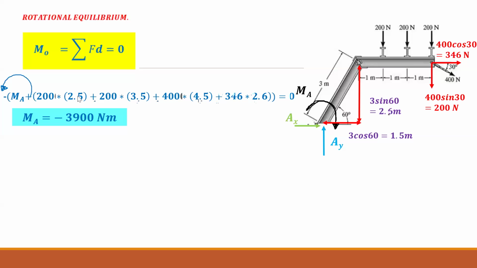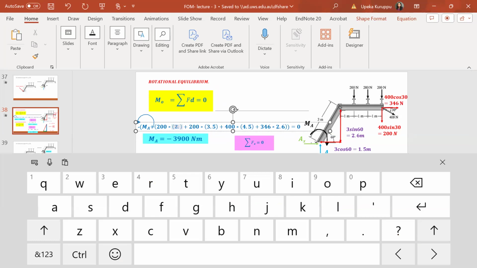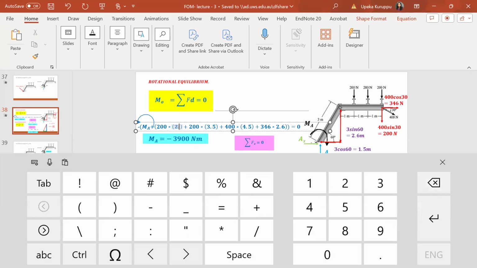This is 2.6. 200 times 3 cos 60, which is 1.5, that is right.